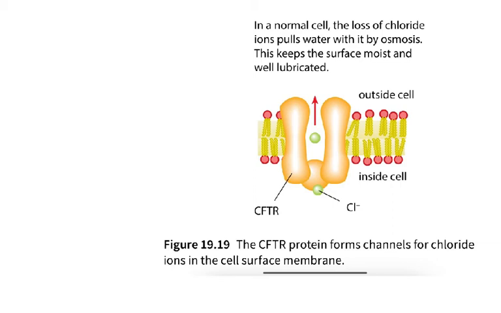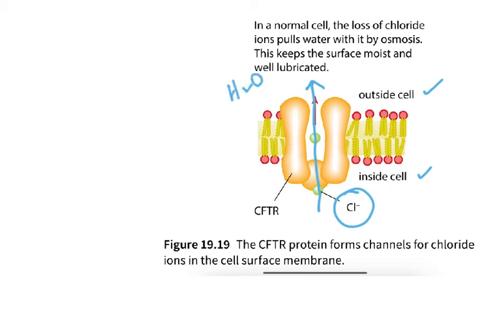Then an overview again from the book that we used, prescribed by Cambridge. In a normal cell, the loss of chloride ions pulls water with it by osmosis. This keeps the surface moist and well lubricated. So here you can see the channel protein. You can see this is the outside of the cell. This is the inside of the cell. The chloride ions are pumped out of the cell, and then water is going to follow.